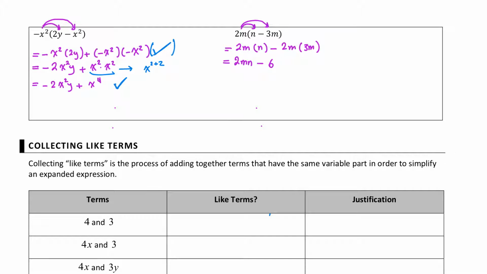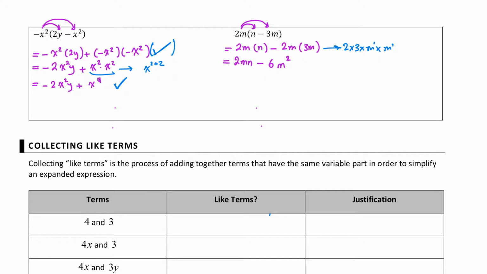And m times m, so actually I'll write this here, 2 times 3 times m times m. The m's both have exponents of 1 because there's only one of them. They have the same base, so I will keep the same base, but I have to add their exponents, 1 plus 1, and that would give me 2 as the final exponent.